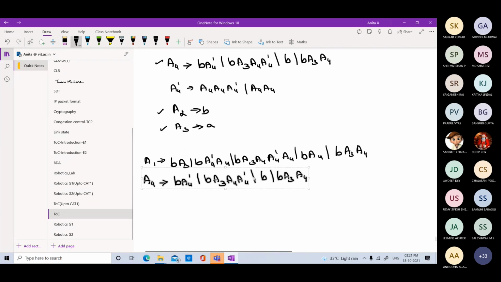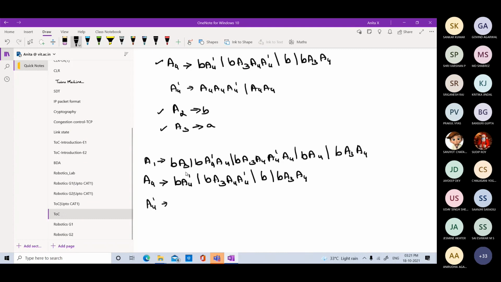Next, if we talk of A4 dash, yes, it is not in Greibach normal form. What should I do? All these components should be concatenated with A4, A4 dash. That is, instead of A4, I should place all the productions.